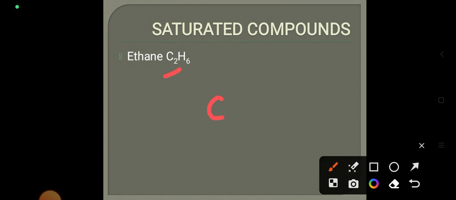How many carbon atoms are there? 2 carbon atoms. First let us write 2 carbon atoms and put a single bond because they are saturated compounds. Then we also know that the valency of carbon is 4, so around every carbon atom I should write 4 bonds.